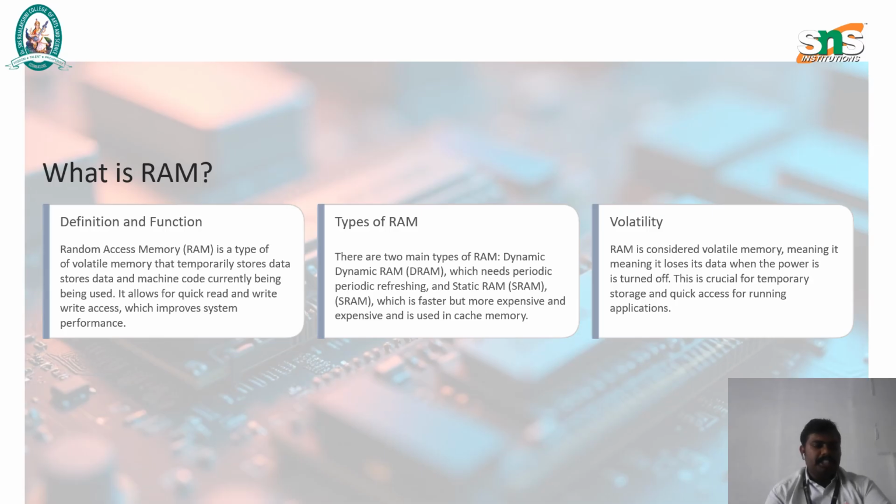SRAM uses flip-flops, is faster, and retains data as long as power is on. Random access memory is volatile, reads and writes temporary data, and gives storage and quick access for running applications.